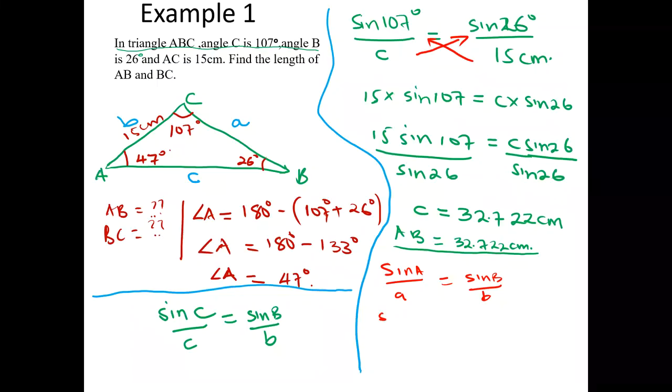First of all, I have my angle A as sine 47, divided by small a, which I don't have, is equal to sine B, which is sine 26, divided by 15 centimeters.